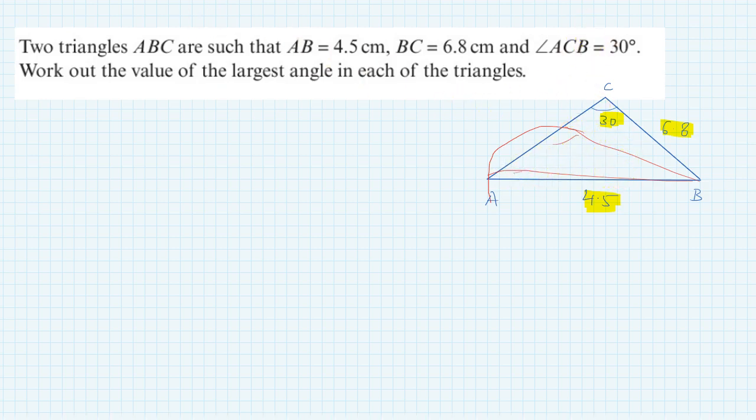So let's draw a figure where everything given is. Let's draw BC. To explain to you, this is B and this is C. It is 6.8.